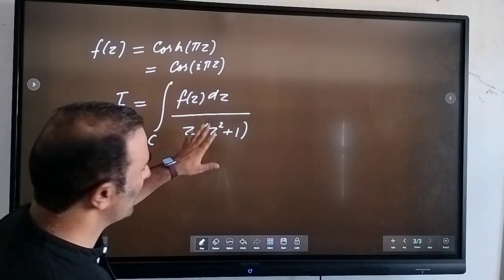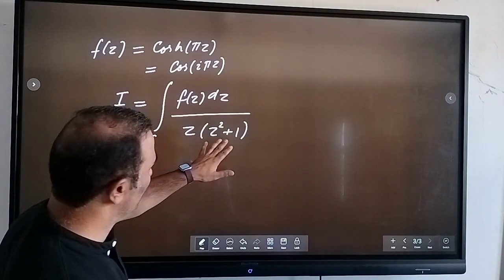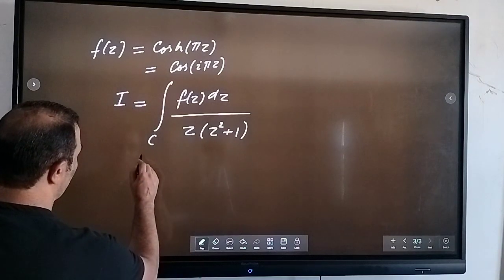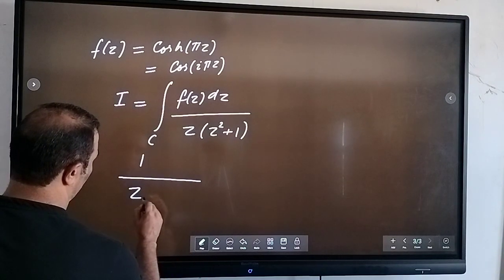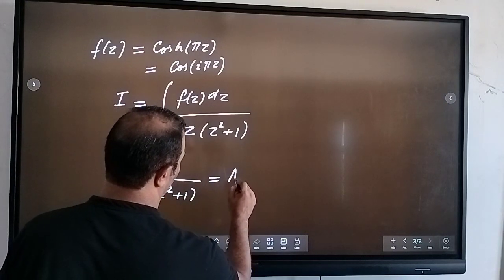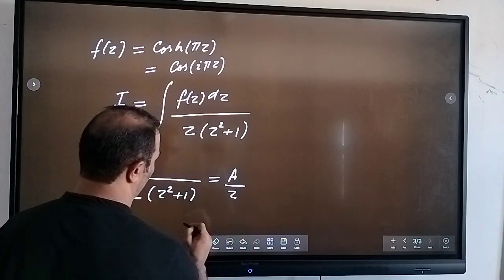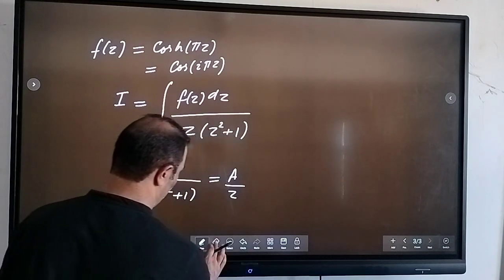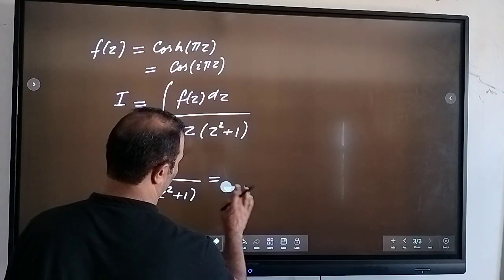So let us use a partial fraction because we need to split this. So we can write that 1 divided by... So better is to write in this way.